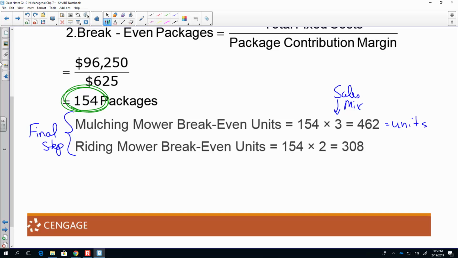They want to see if you go to the final step. So my question again was, how many mulch mowers must I sell to break even? The answer is not 154. The answer is 462. So don't be tricked on the exam when you get to a mixed computation. Don't forget the final step here and multiply by the sales mix.